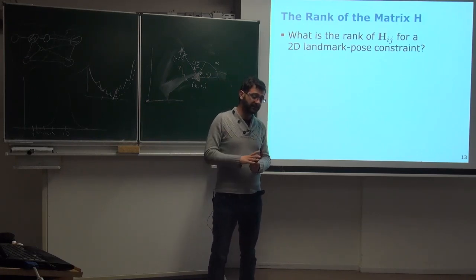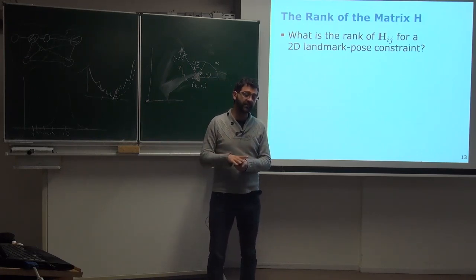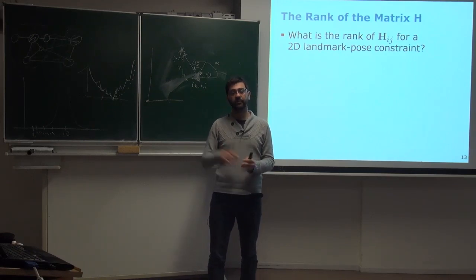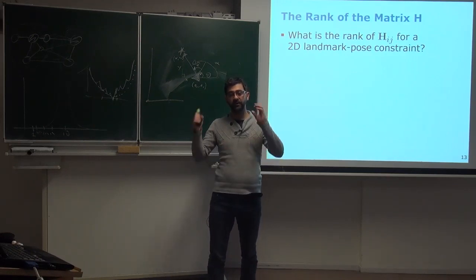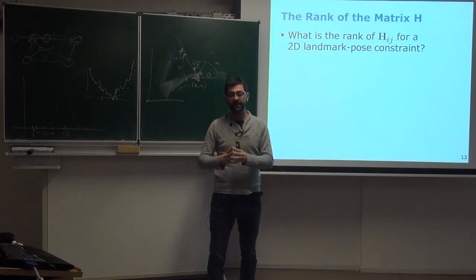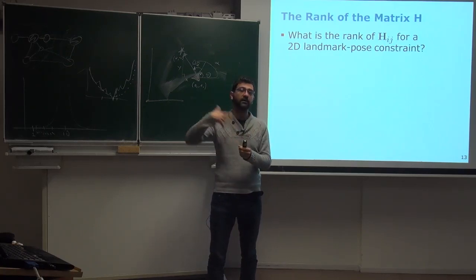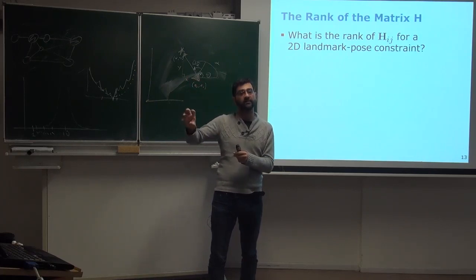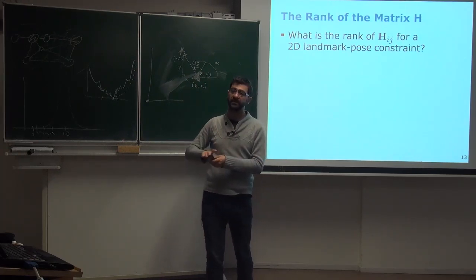Now, the problem here is that, differently from graph-based SLAM, we do not know in advance the structure of this Hessian. For pose graphs, we always said we only have relative measurements, so it's a very clear structure, and we can compute the rank and see that there is only a 3-dimensional reduction in rank in 2D problems, or a 6-dimensional one in 3D. We can fix everything with one pose, and we then get a full rank system again.